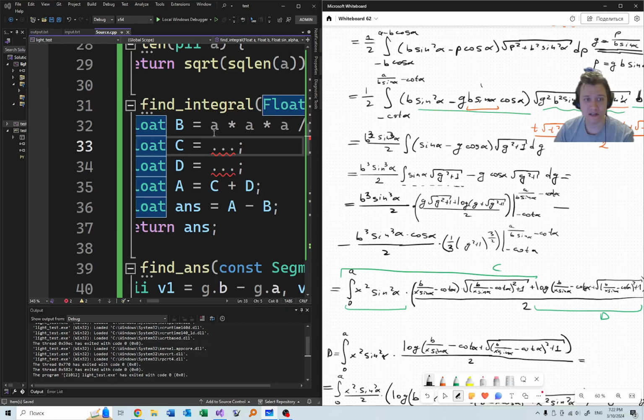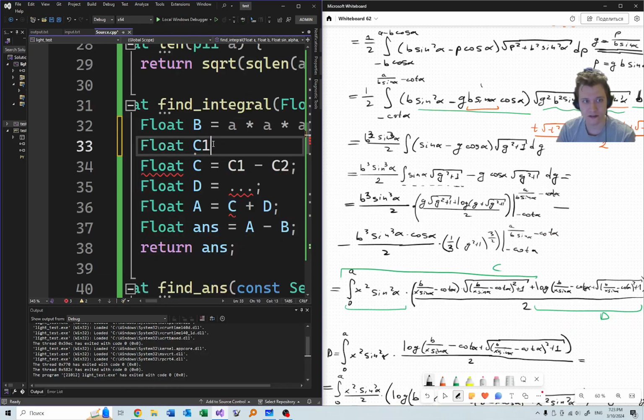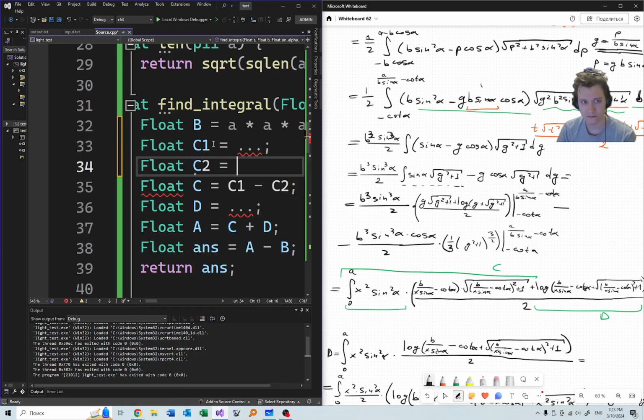Okay, C is definitely C1 minus C2. So we need to find C1 and C2.